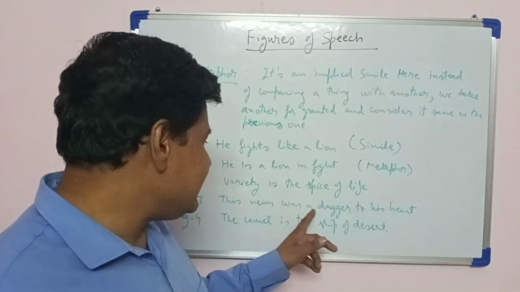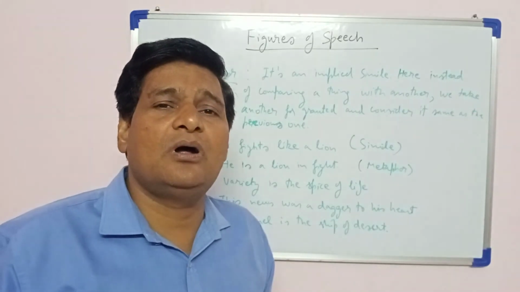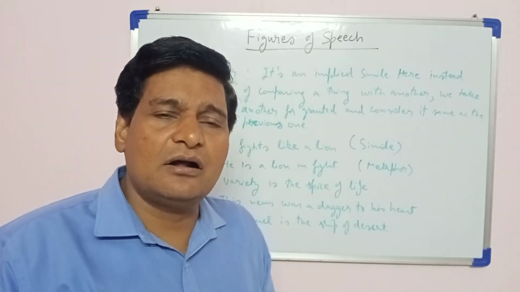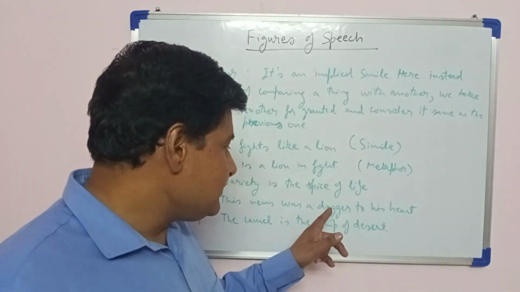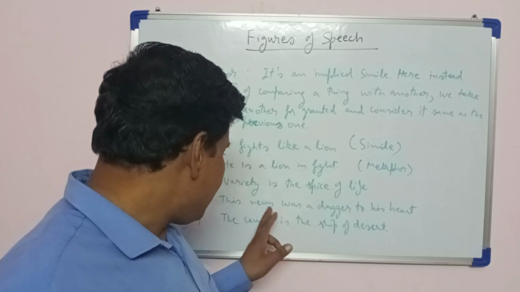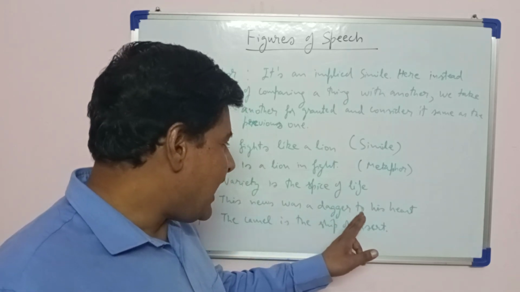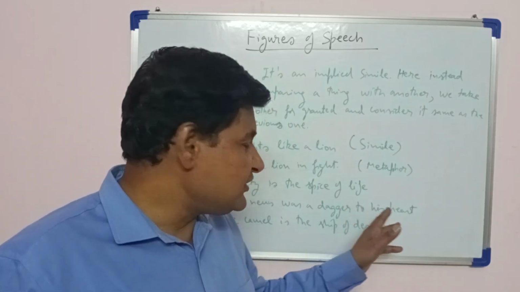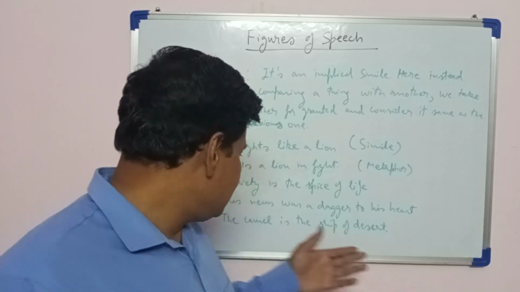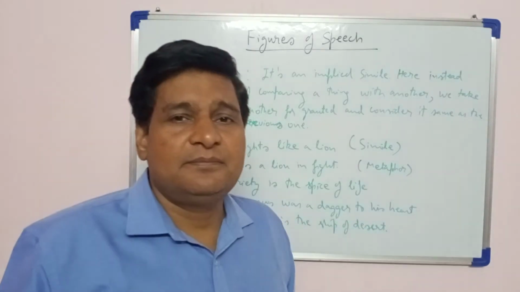Similarly, the news was a dagger. Here news has been termed as a dagger. Dagger, you know what is dagger? It's a long knife. So the news was a dagger to his heart, as a dagger pierces the heart. In the same way, the news made him sad.